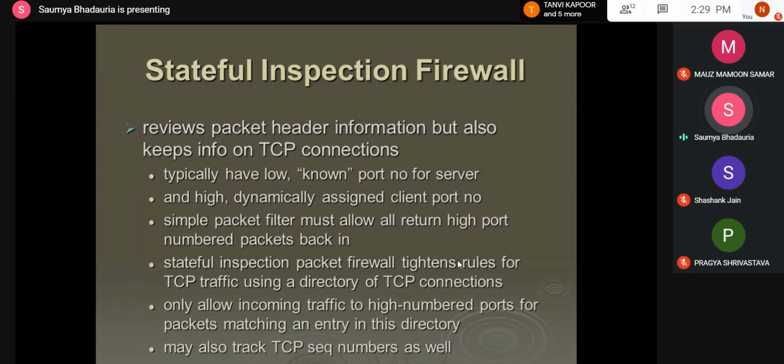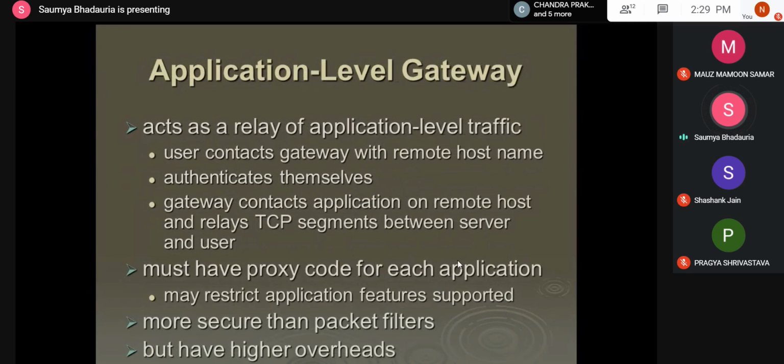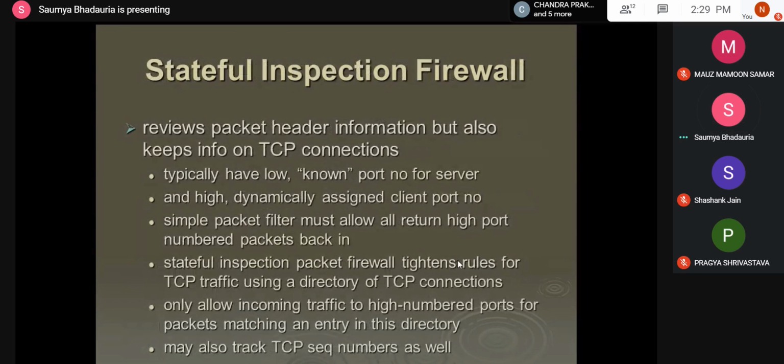Now, whenever these rules are created for TCP traffic, they are created into a directory and are normally for outbound TCP connections. There isn't any table over here, so I'll create a table.